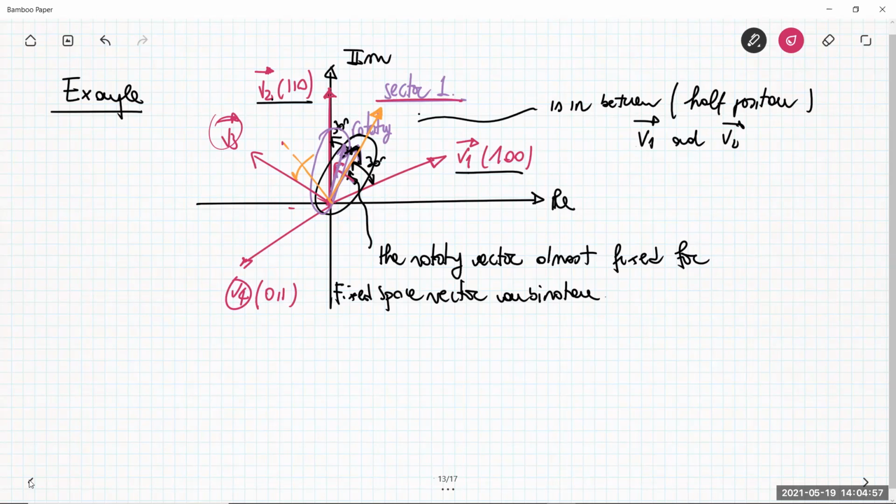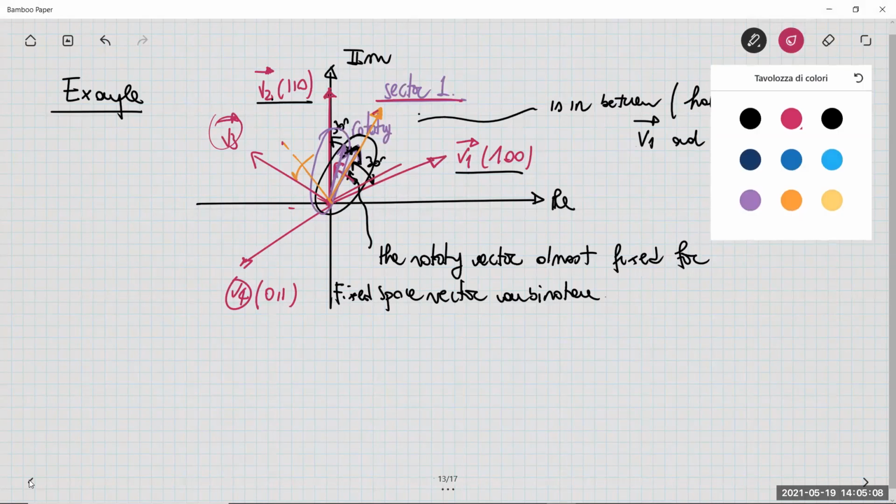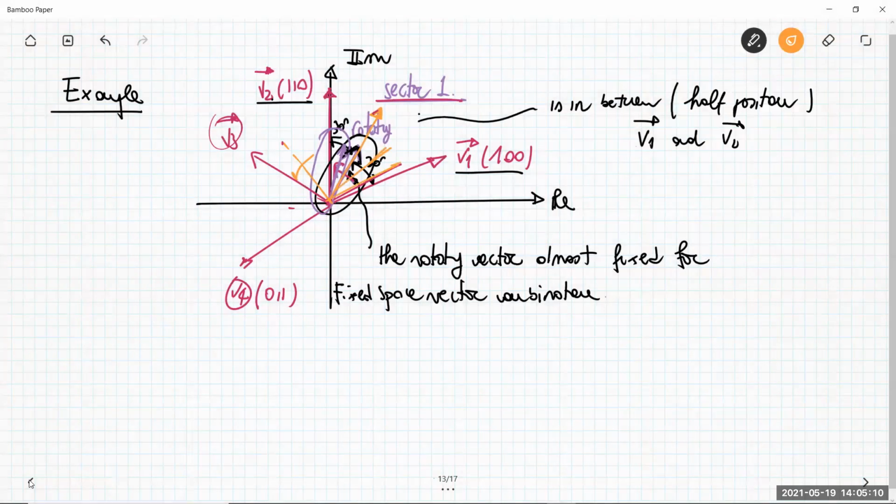But for all the time instants in which the rotating vector is in sector 1, let's say here, here, here, here, here, for all the infinite positions you can have in sector 1, I have to use V1 and V2, of course with different T1 and T2.